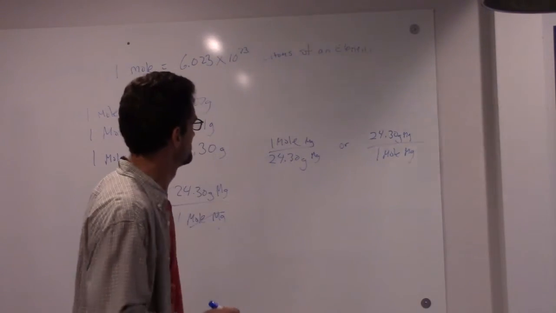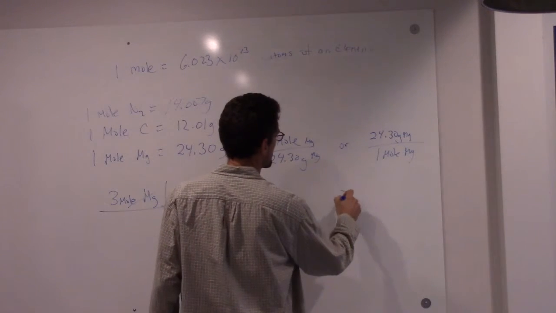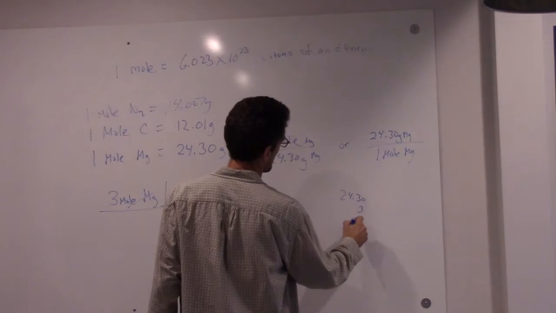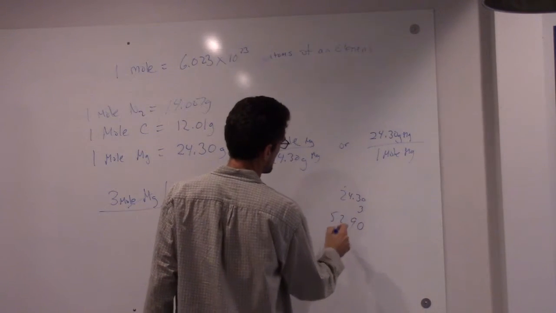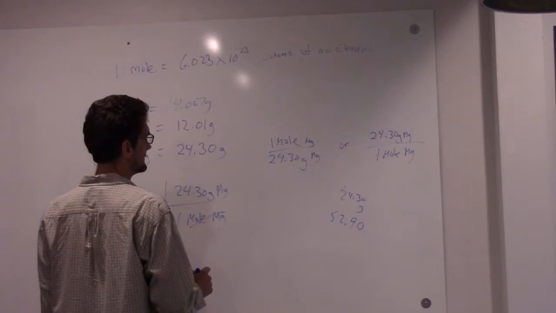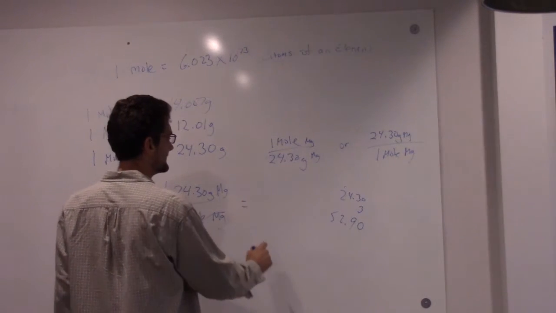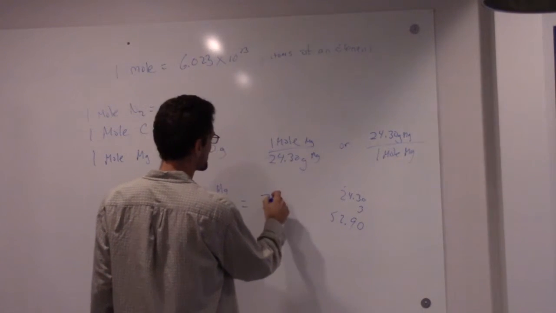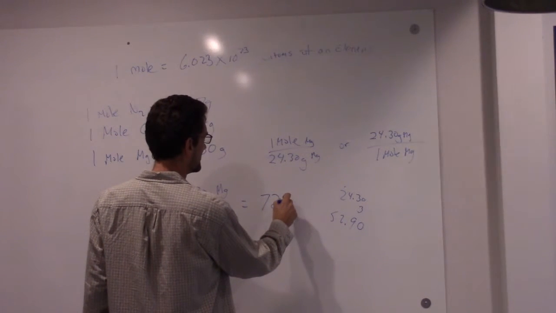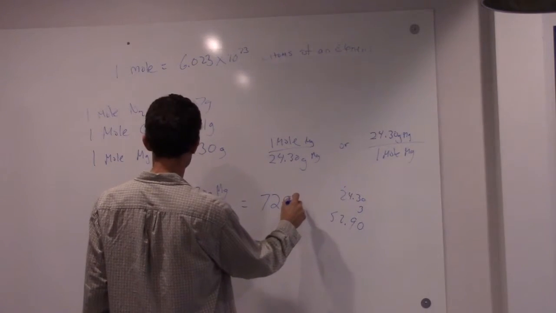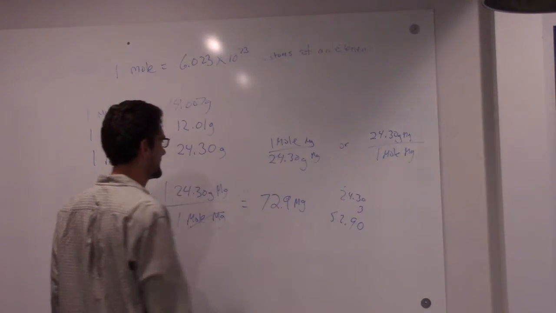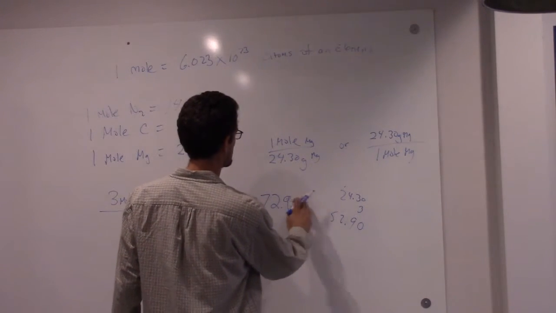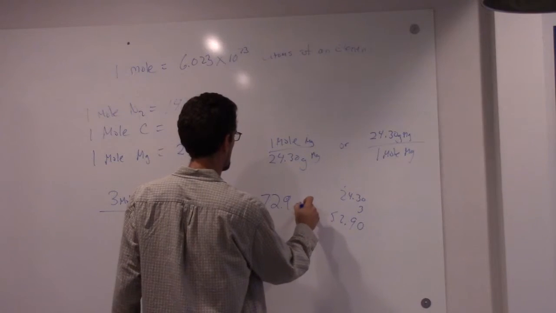Oh my gosh, I can't believe I can't do this in my head. 72.9. Okay, very good. 72.9. Oh my gosh, magnesium. I majored in science because I stunk at math. 72.9 grams of magnesium.